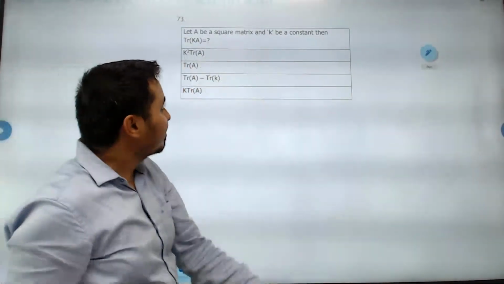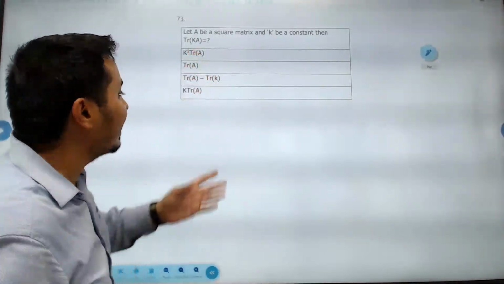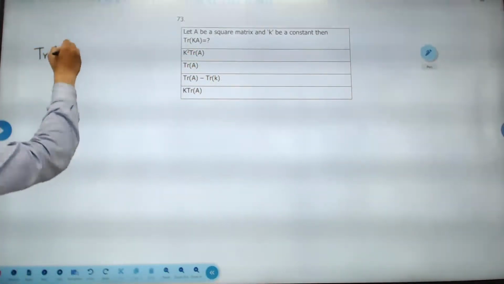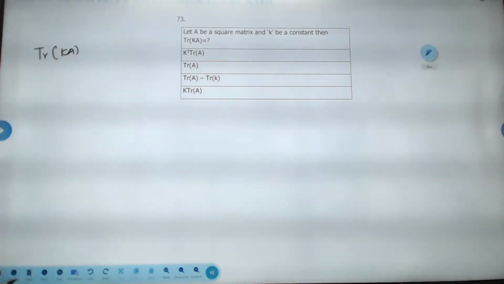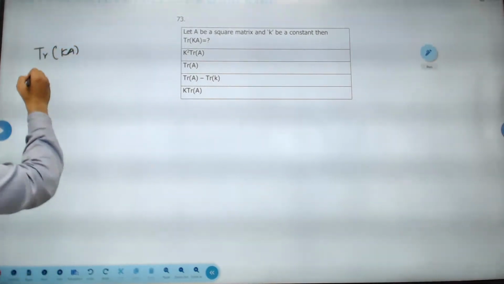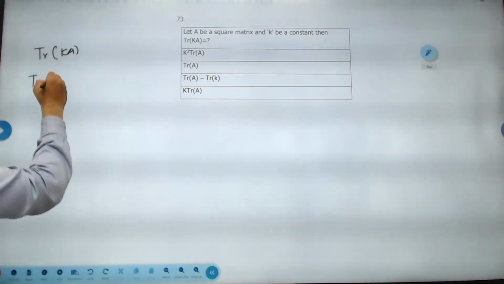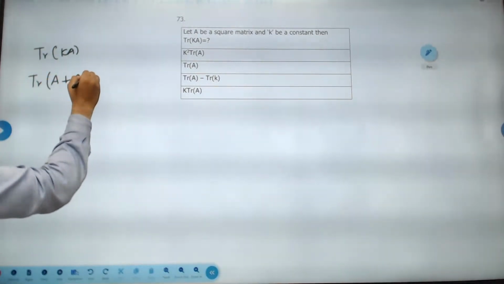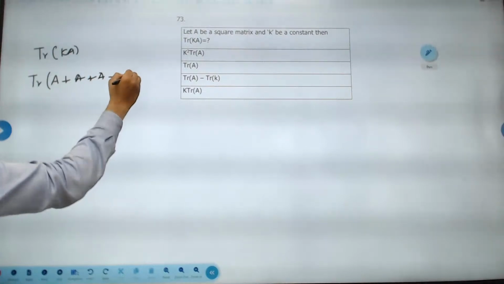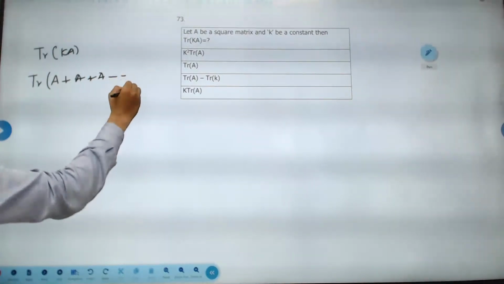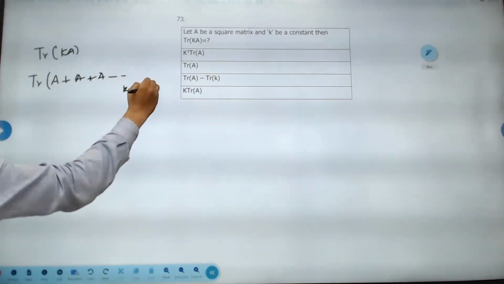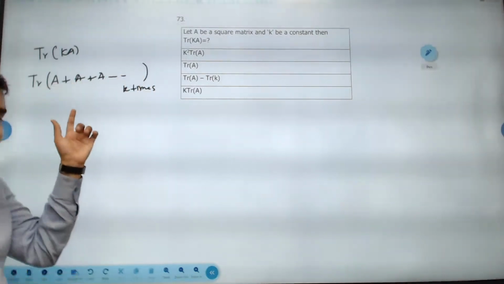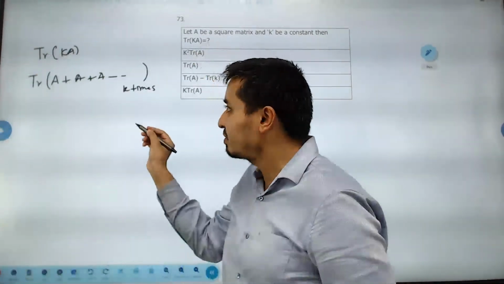Let A be a square matrix and K be a constant. Trace of KA. Actually, it is a direct formula that trace of KA would be K times trace of A. But still, if we are bent upon solving it, we can write it this way: A plus A plus A, K times. And then we know that the trace of a sum of matrices is the same as the sum of the traces of individual matrices.